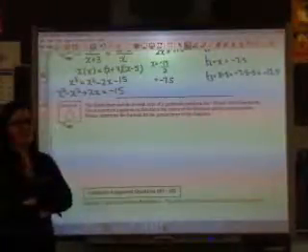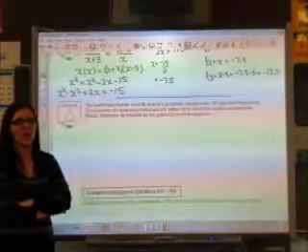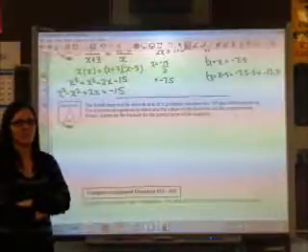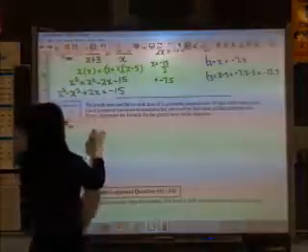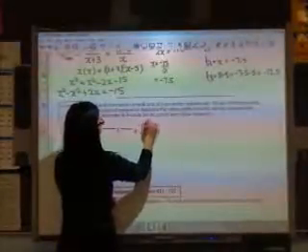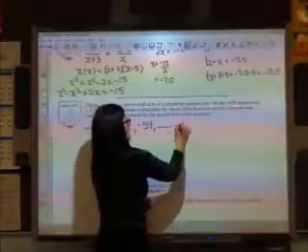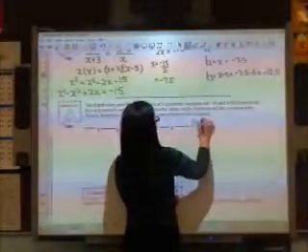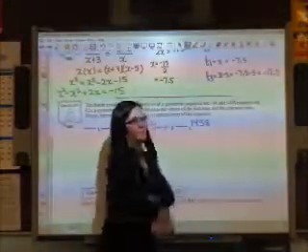I don't think a system of equations is going to be our best option. 1, 2, 3, 4, 5, 6, 7.